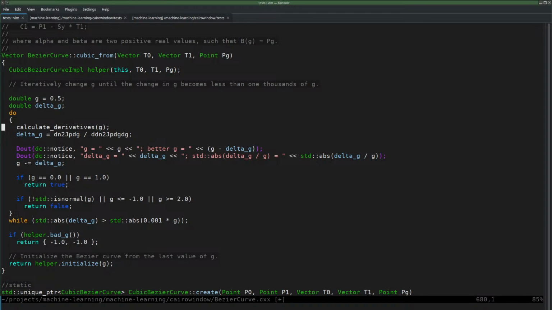Okay, we have to call this, and then I have the derivative, so we can calculate the delta G using the Newton-Raphson method, aka divide one derivative by the other.